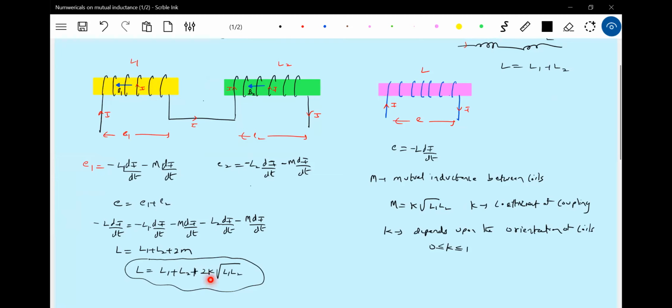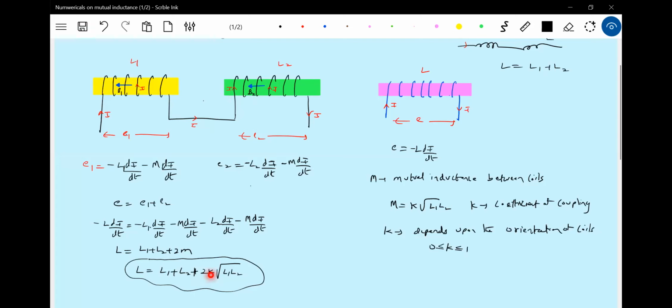In that case, K will be 1. If you start bringing it outside and keep increasing the distance, the value of K will change. If the second solenoid is completely inside the first solenoid, K will become 1. As you increase the distance, the value of K will decrease.